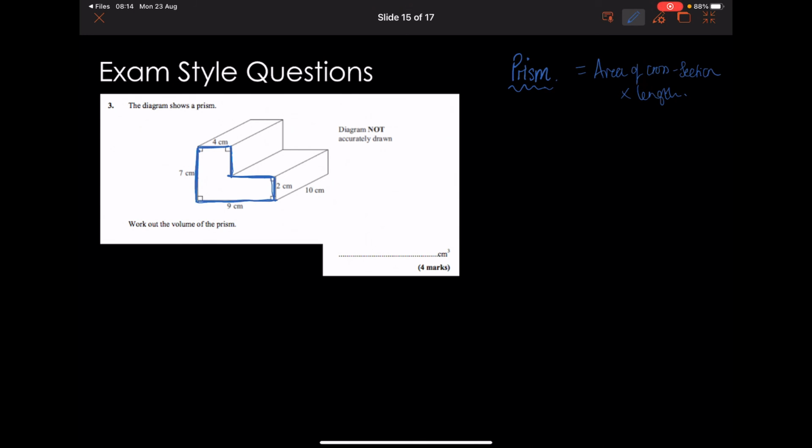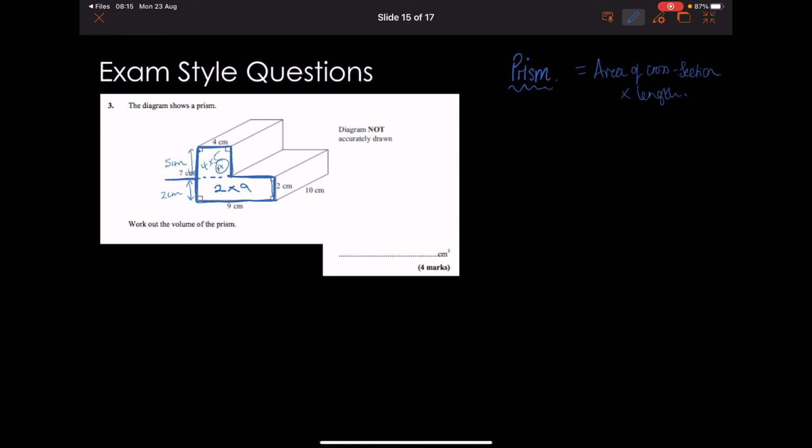What you can do is you can cut it off there. So you end up with 2 times 9 on the bottom, because it's a rectangle. And then here, it's not going to be 7, because actually that's 2. So this must be 5, because 5 plus 2 makes 7. So this would be 4 times 5.